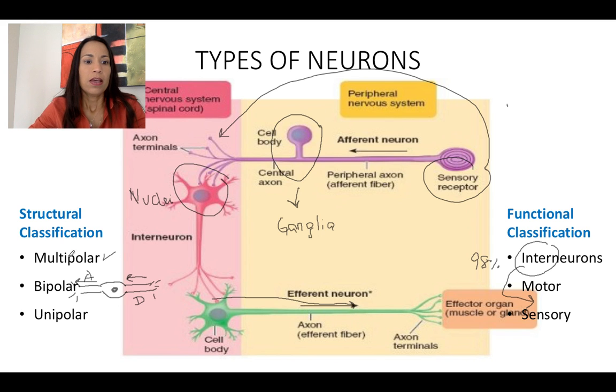So let's say it the other way, I think it's easier. Interneurons and motor neurons are multipolar neurons, and sensory neurons are bipolar and unipolar neurons. Got it?